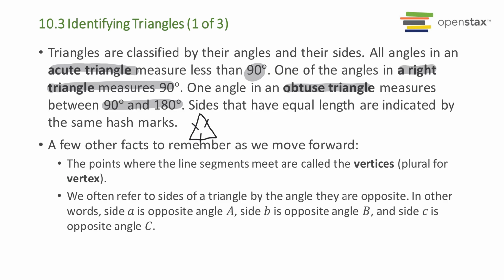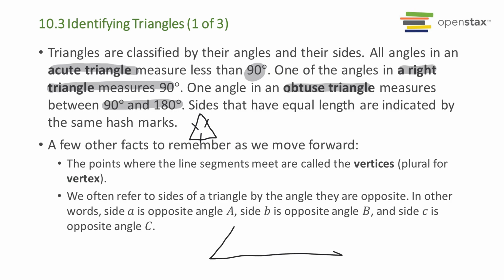A few other facts to remember as we move forward: the points where the line segments meet are called the vertices. Oh no, that's right, vertices is the plural for vertex. Sorry, I thought that was a typo, but yes. We often refer to sides of the triangles by the opposite angle, and it's lowercase.